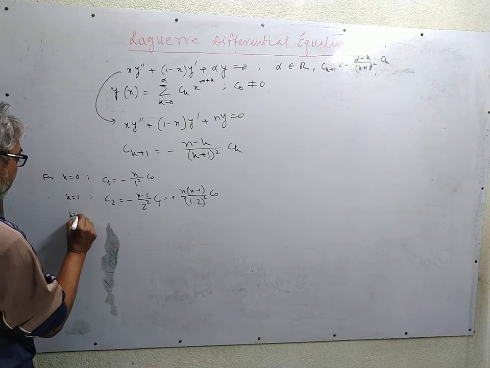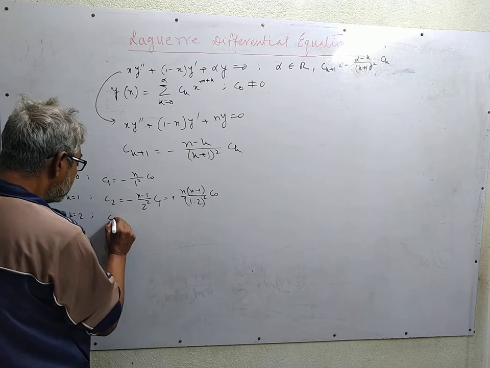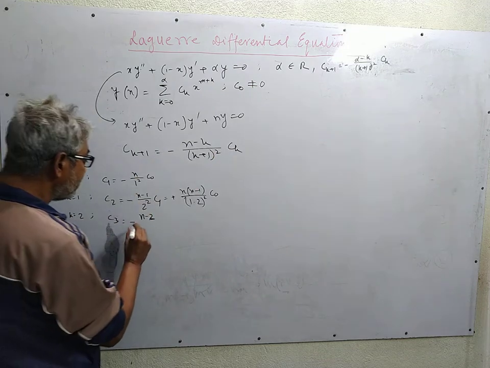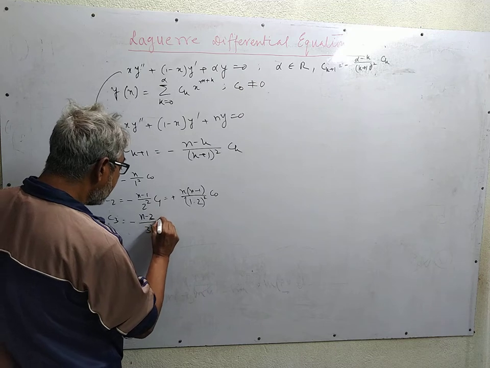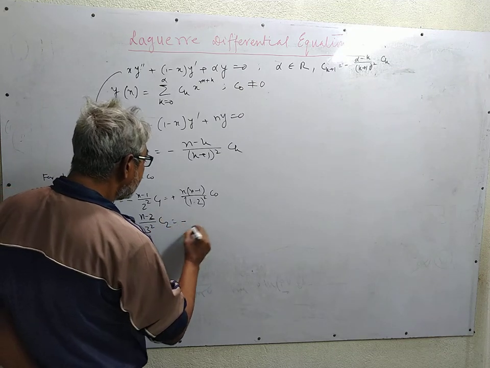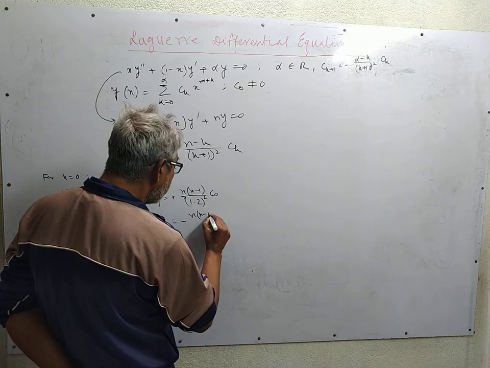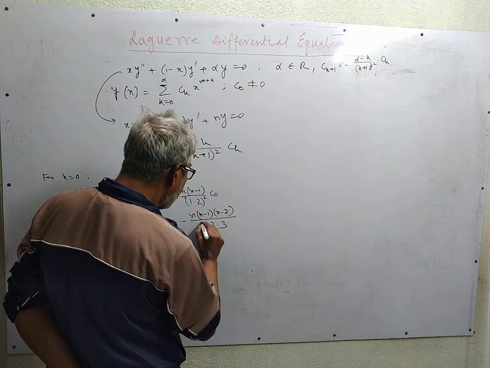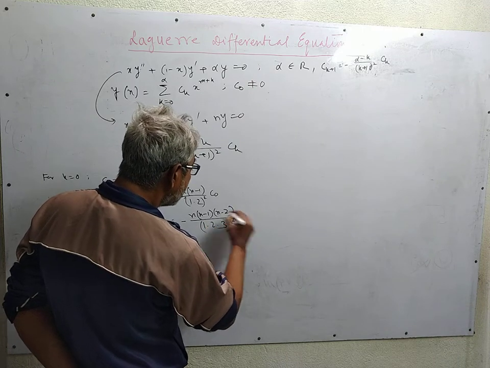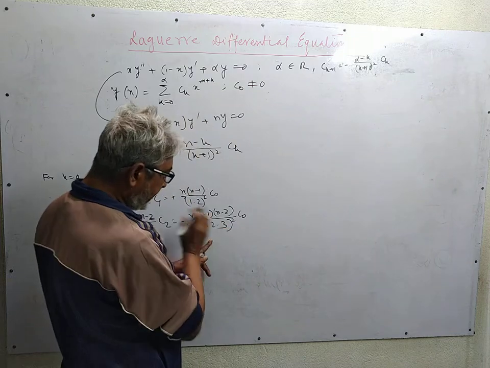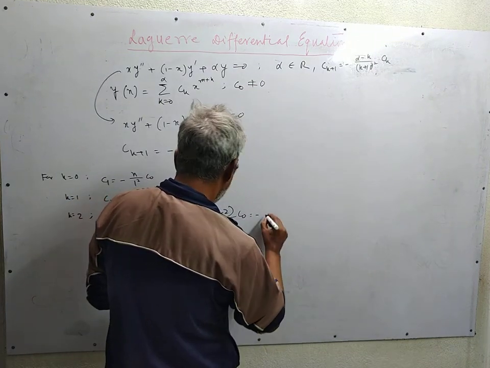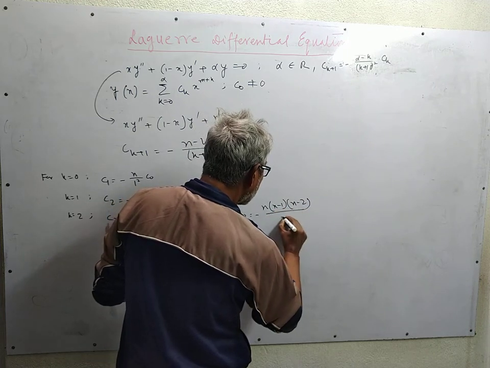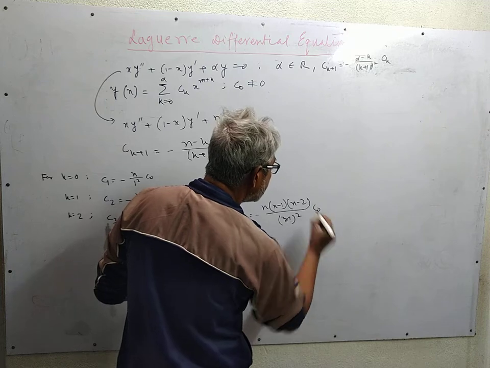For k equal to 2, we get c3 equal to minus (n minus 2) over 3 square c2. It is minus n into (n minus 1) (n minus 2) over (1, 2, 3) square c0.